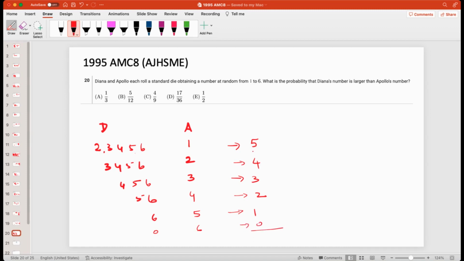So totally you have 15 possibilities, correct? Now totally how many possibilities when you are throwing 2 dice? It's 36 possibilities, right? So the probability is 15 by 36, which is nothing but 5 by 12, which is answer option B.